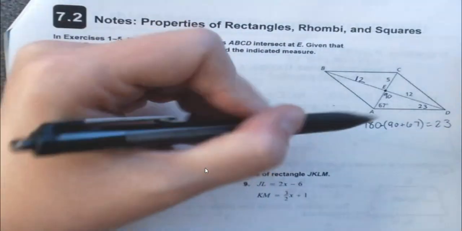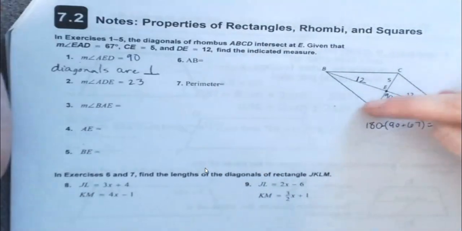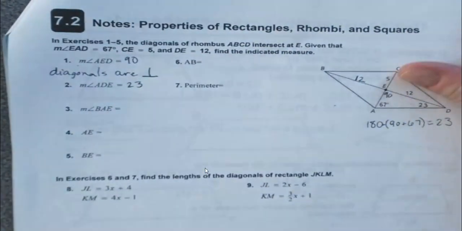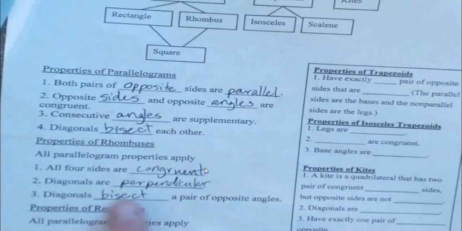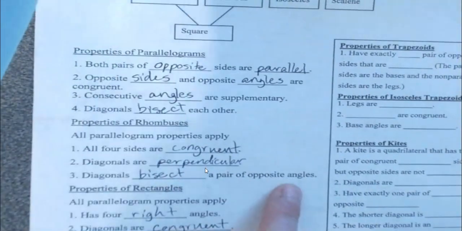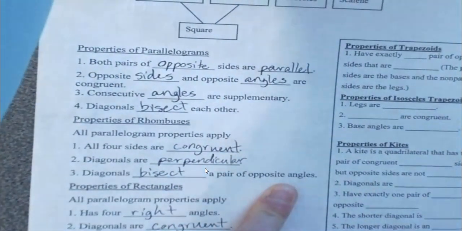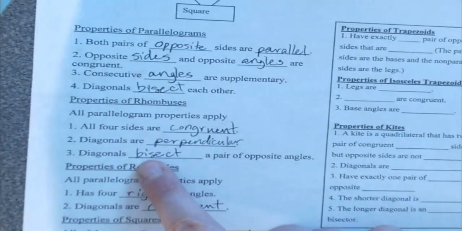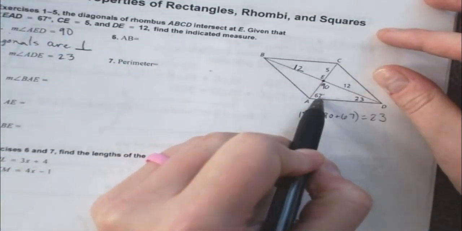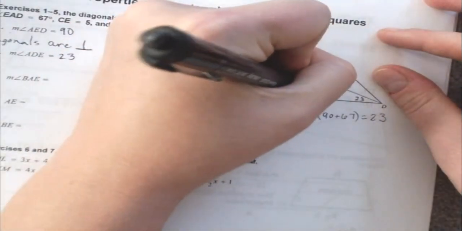All right, BAE. So this angle right here. Okay, well, we have this property that will help us over here. You don't have to turn back to it, but the diagonals bisect a pair of opposite angles. We talked about how parallelograms do not do this, but a rhombus does. It cuts the opposite angles in half. What does that look like? Well, that means that if this is 67, this must also be 67.